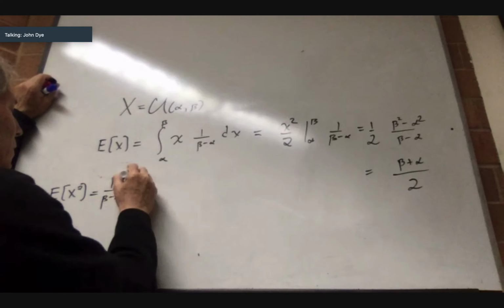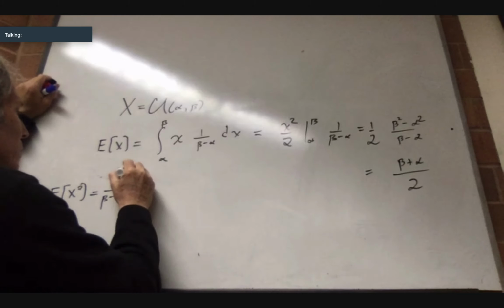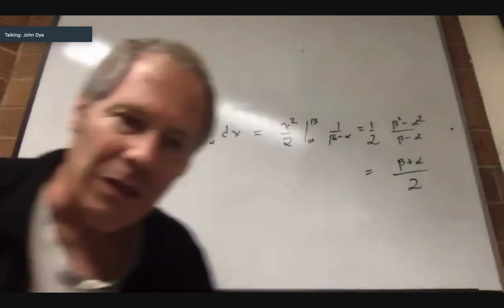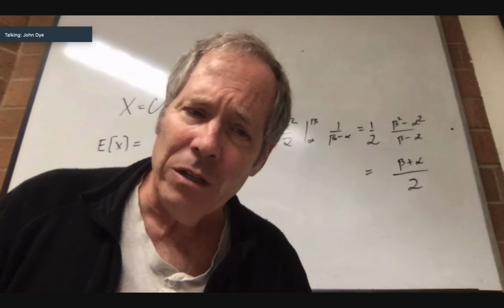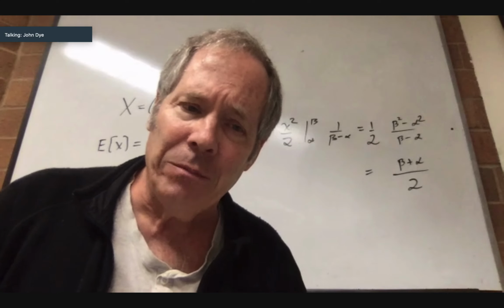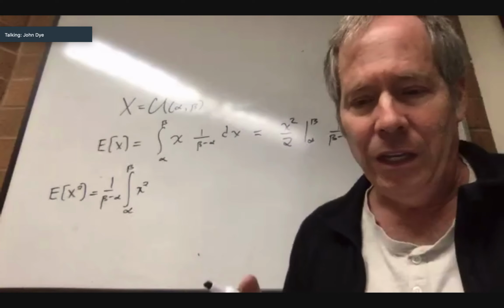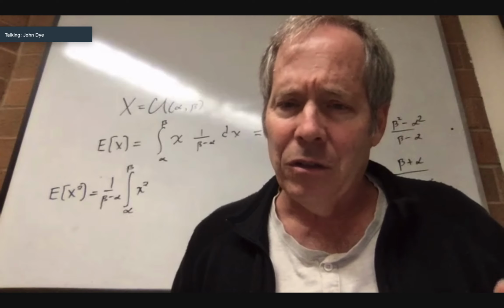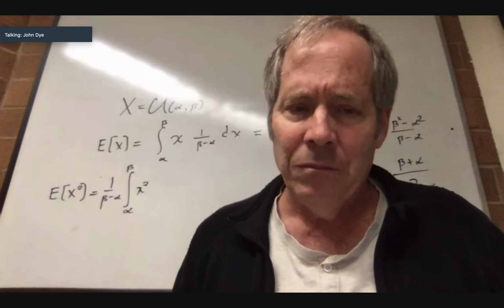So what is it? Now it's going to be the integral from alpha to beta of x squared. That's the formula. I don't know what proposition that was. I believe it was 2.1 in Ross. Yeah, this is the formula.